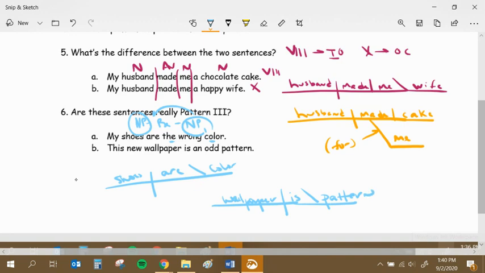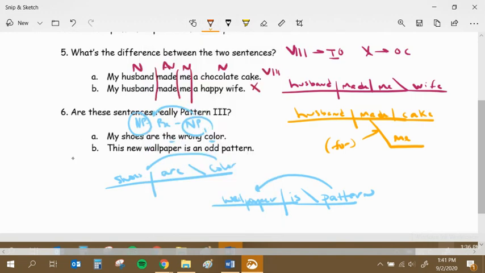It's not really a pattern 3. This word color is not really renaming shoes. Shoes are not a color. And wallpaper is not a pattern. We're not saying that the shoes are a color or the wallpaper is a pattern. Think about what verb we probably should use instead.